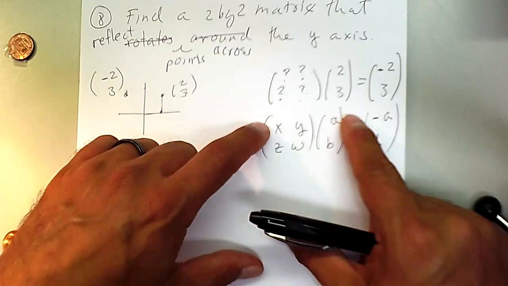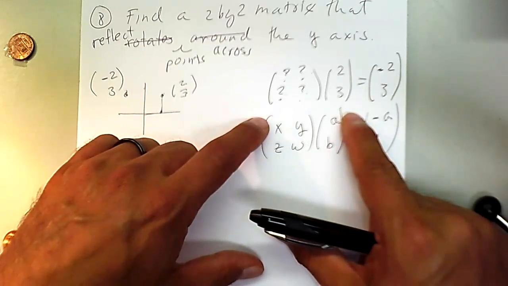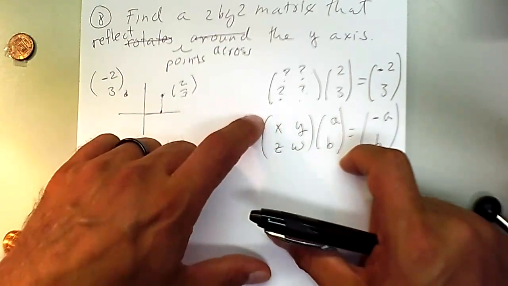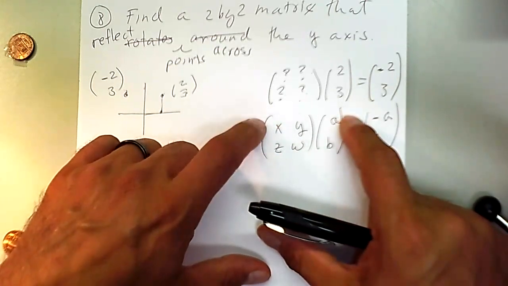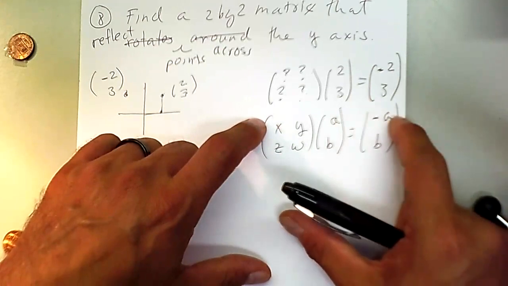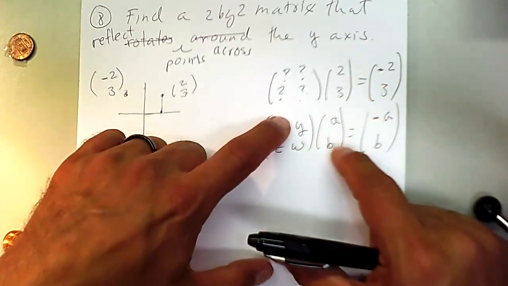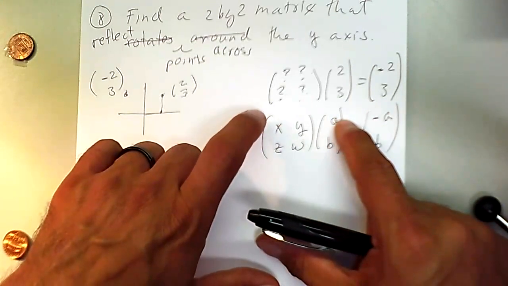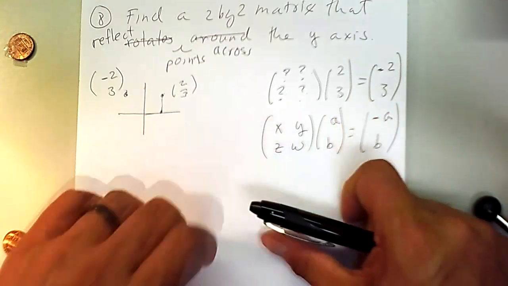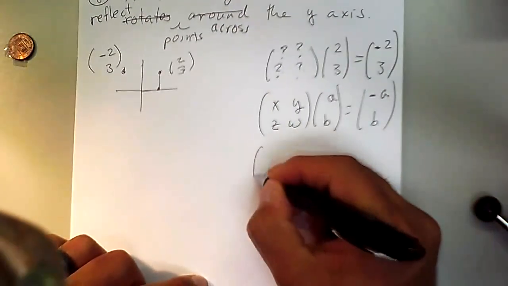So we would have to have a -1 here, so that becomes a -1 times a gives us -1, but then we don't want b to be involved in that coordinate, so we would have to have -1, 0.